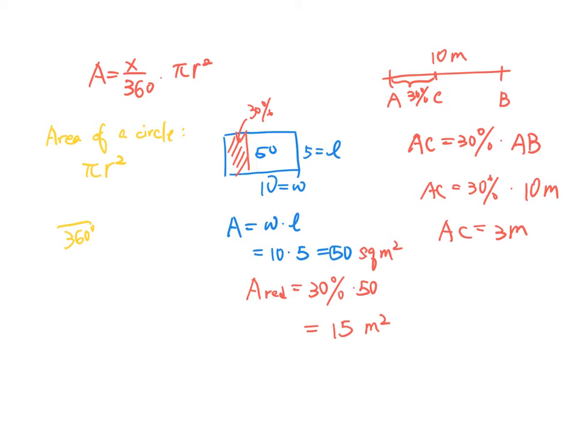If I let x equal the angle measure, or degree measure, of the central angle, then I put x on top, over 360. That gives me a percentage. So I use that percentage multiplied by pi r squared, and that would give me the area of the sector.